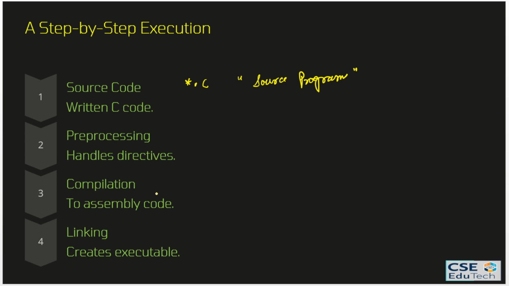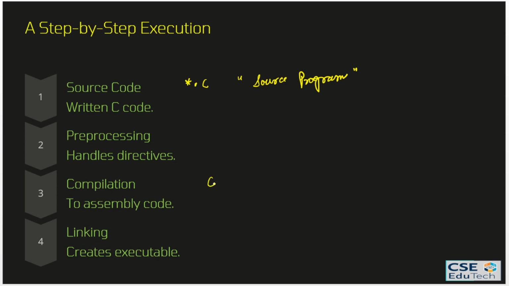The compiler converts the source program into equivalent machine instructions. The compiler also checks for errors. If your source code is error free, then the code is converted into an object file.